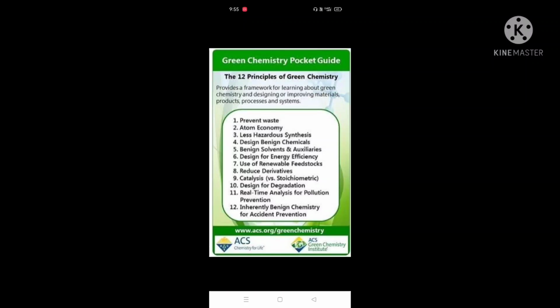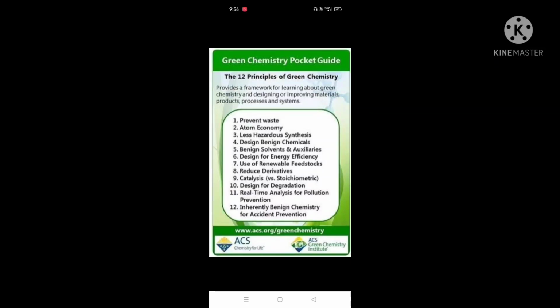For example, in the case of the Diels-Alder reaction, we get 100 percentage desired product, cyclohexene. So that is atom economy. What is the desired product? We are getting 100 percentage. For example, if you take the mass of reactant and the mass of product, the product mass is equal to the reactant mass.